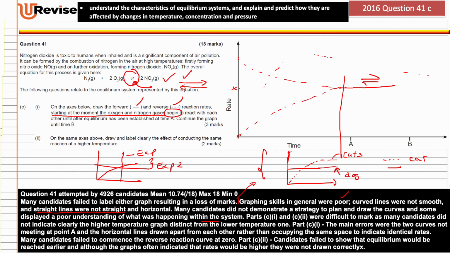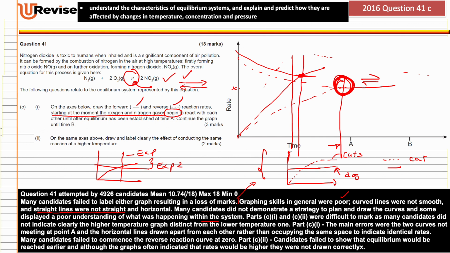If I increase temperature, I expect equilibrium to be reached much earlier at some point. There is no specific point, but as long as you are showing that this system at lower temperature is reaching equilibrium at a later point, but the one at a higher temperature is reaching equilibrium at an earlier point here.